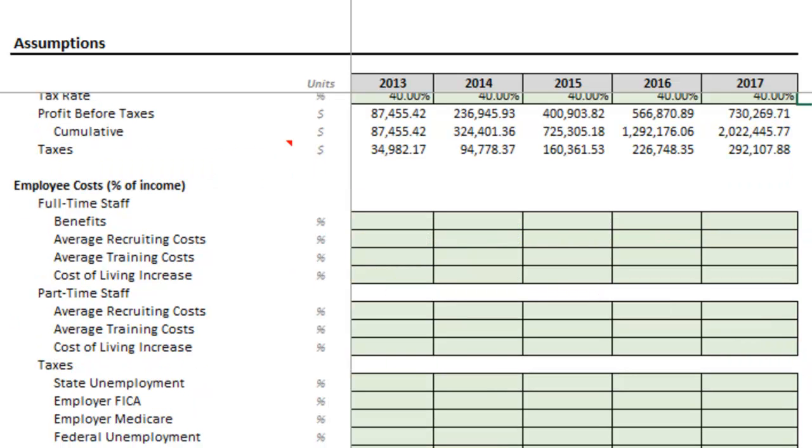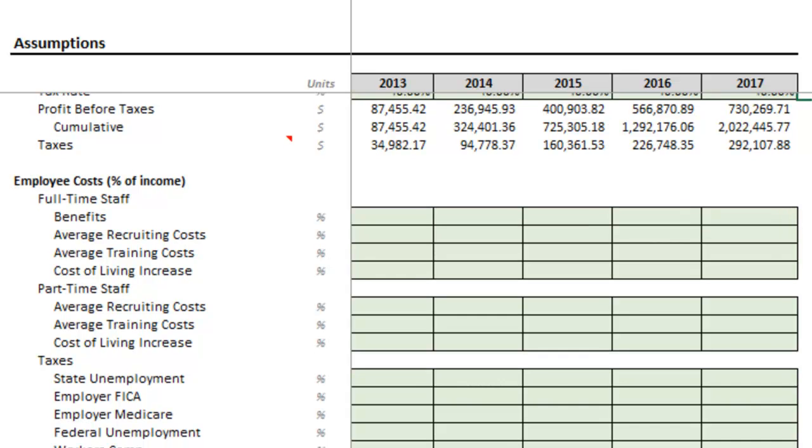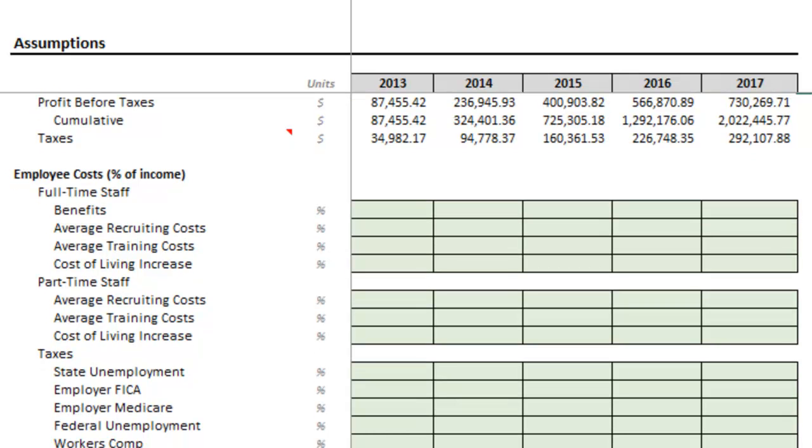And the employee benefits section is also inputted as a percentage of income. So let's say that for both full and part-time employees, recruiting, training costs are 5%, while benefits are 5% as well for full-time employees. And cost of living or inflation will be set at 3% per year. So I'm going to go ahead and copy this.